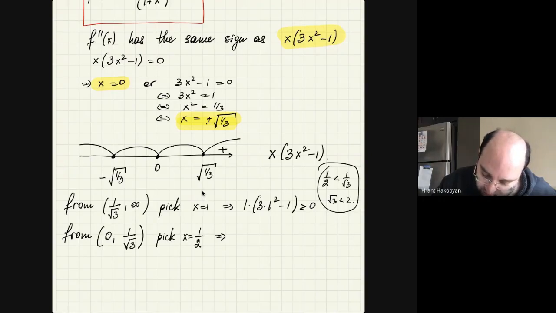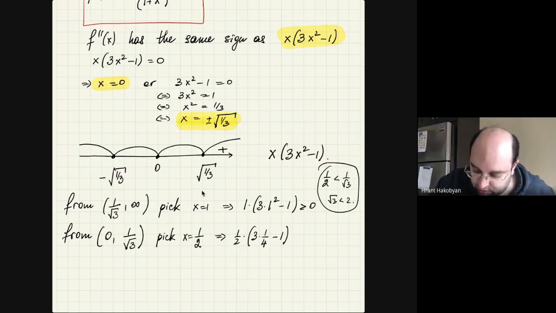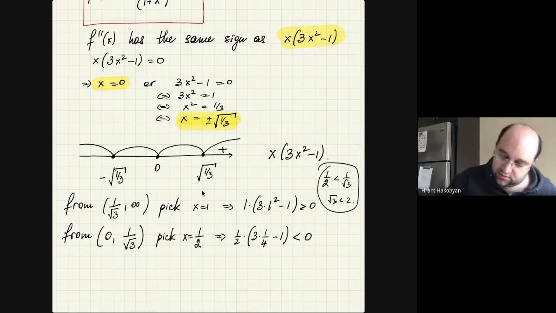So if you do that, x equals 1/2. You're going to plug 1/2 here. So you're going to get 1/2 times 3 times 1/2 squared, which is 1/4, minus 1. So this is going to be a negative number. So I'm going to get a negative here.